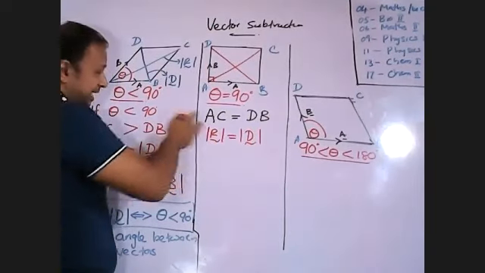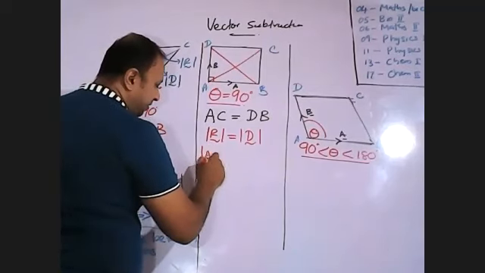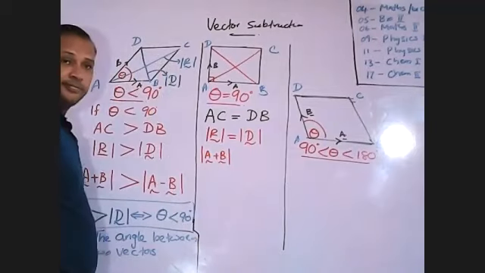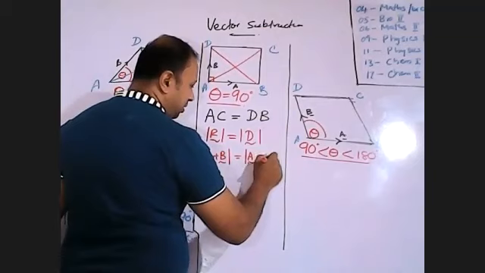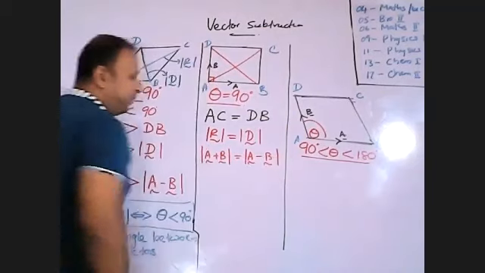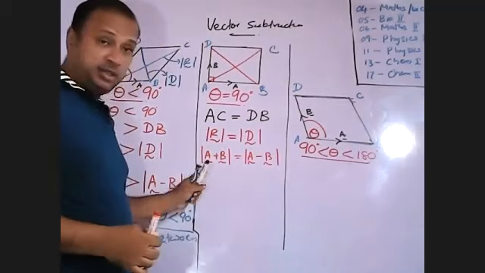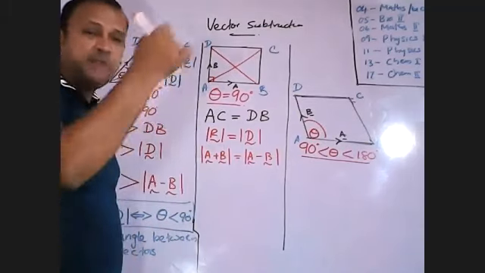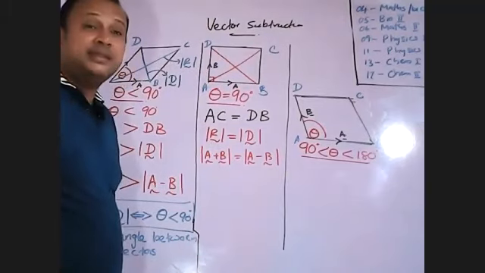I can write the same thing using A and B. Magnitude of R can be written as A plus B, equal to A minus B. If you are given this kind of notation, vector A plus vector B means the resultant vector.